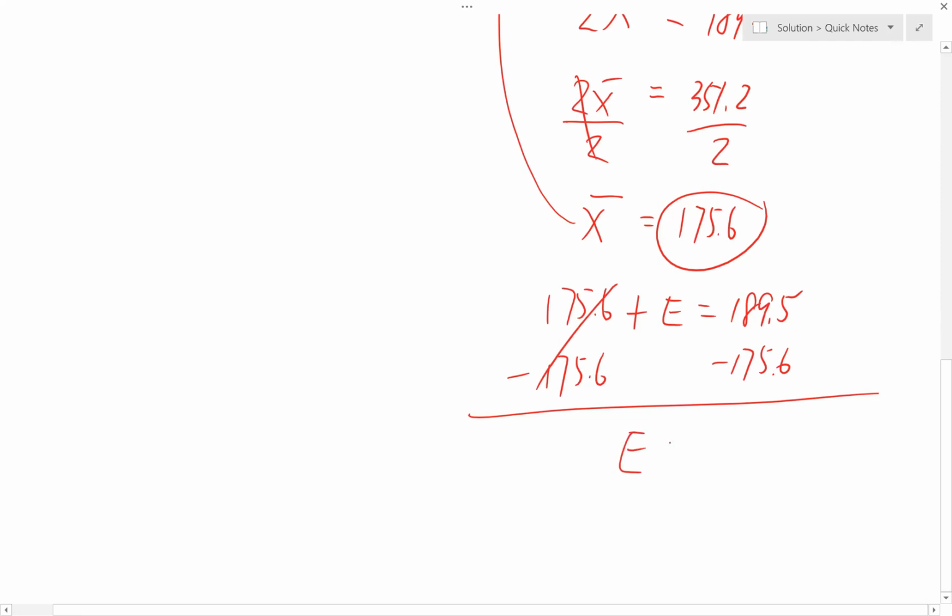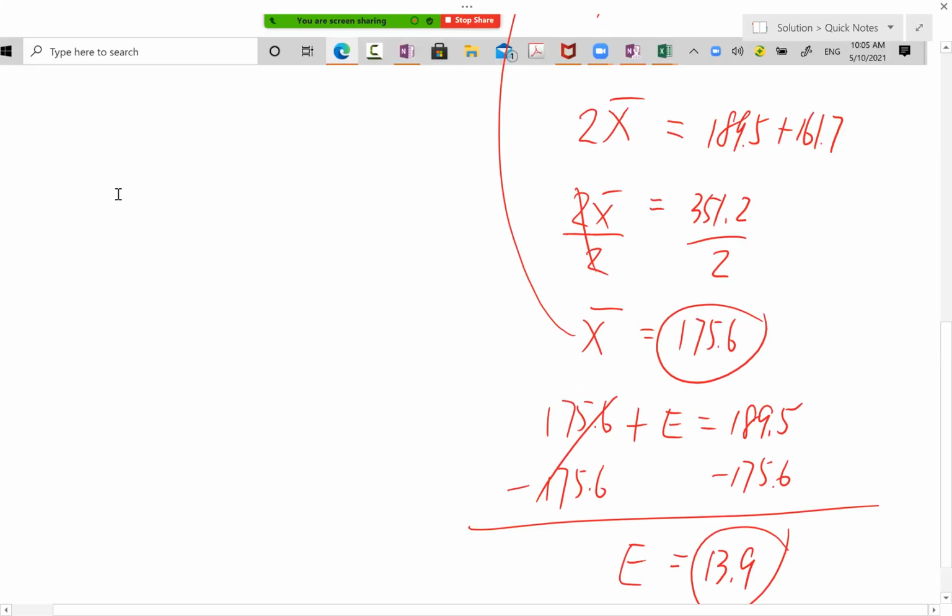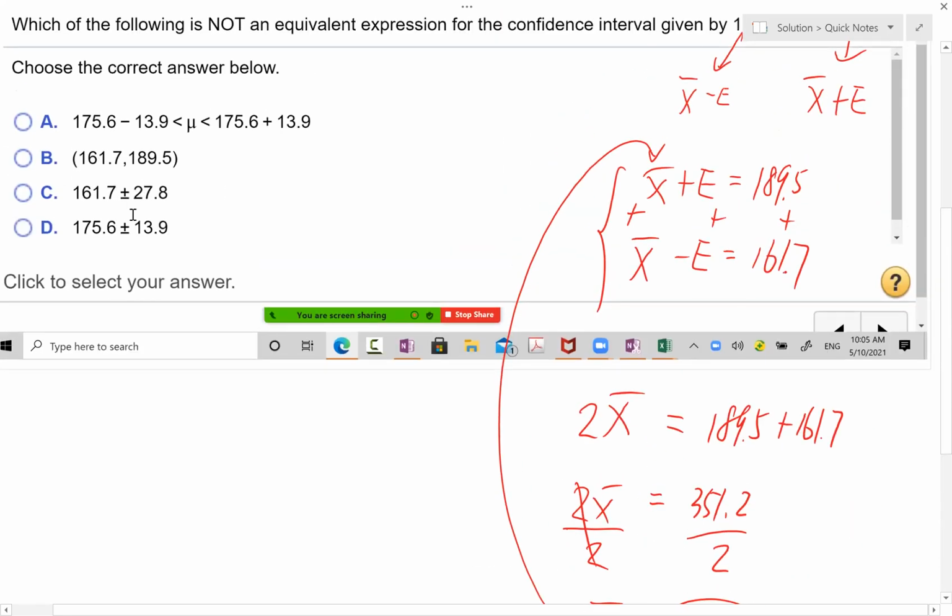So the margin of error is equal to 189.5 minus 175.6, which is 13.9. Okay. So 175.6 plus or minus 13.9.